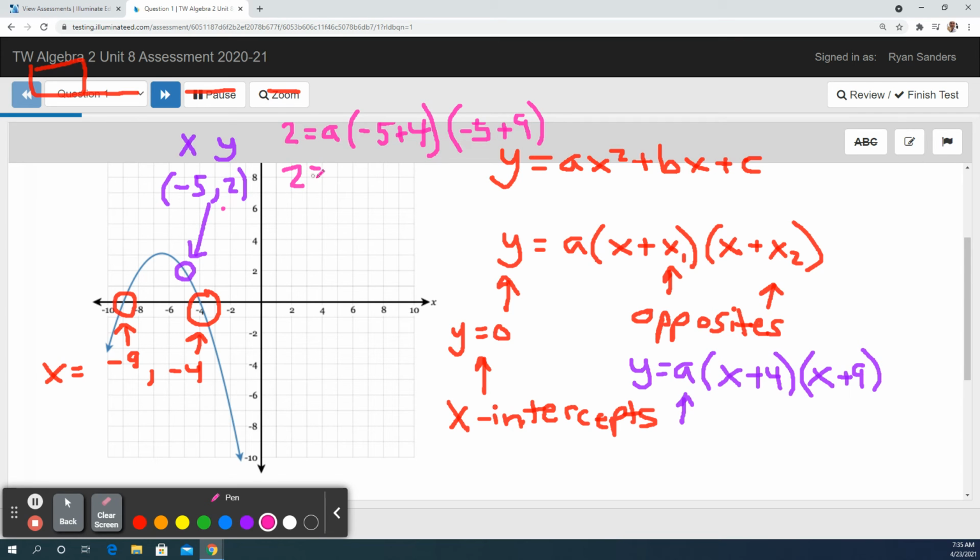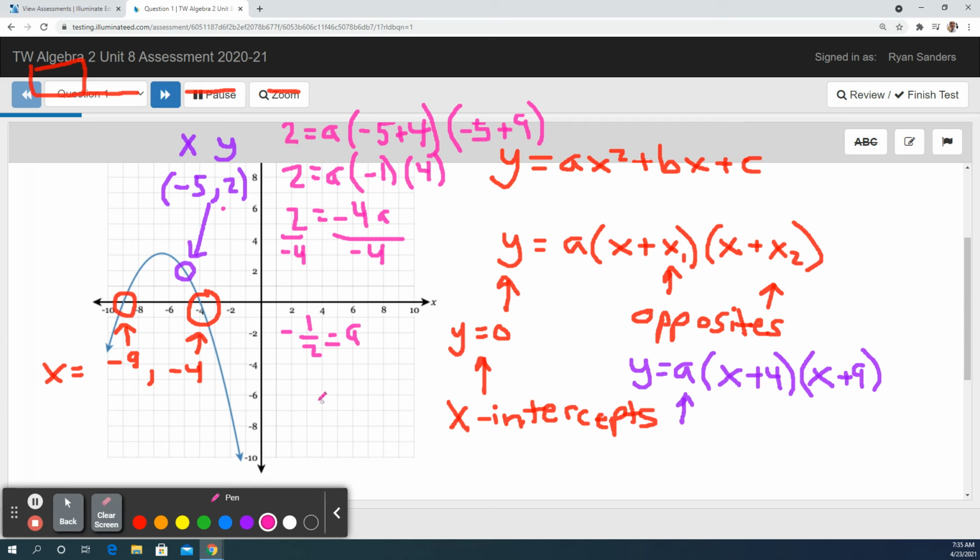So I have 2 equals a times -1 times 4. And 2 equals -1 times 4 is -4a. Doesn't matter the order. Divide by -4, divide by -4, and I get -1/2 equals a.